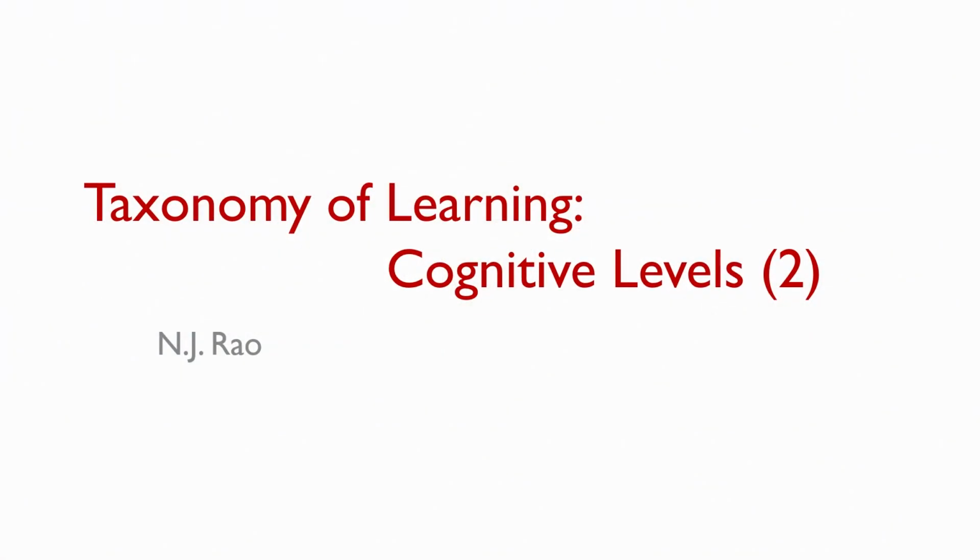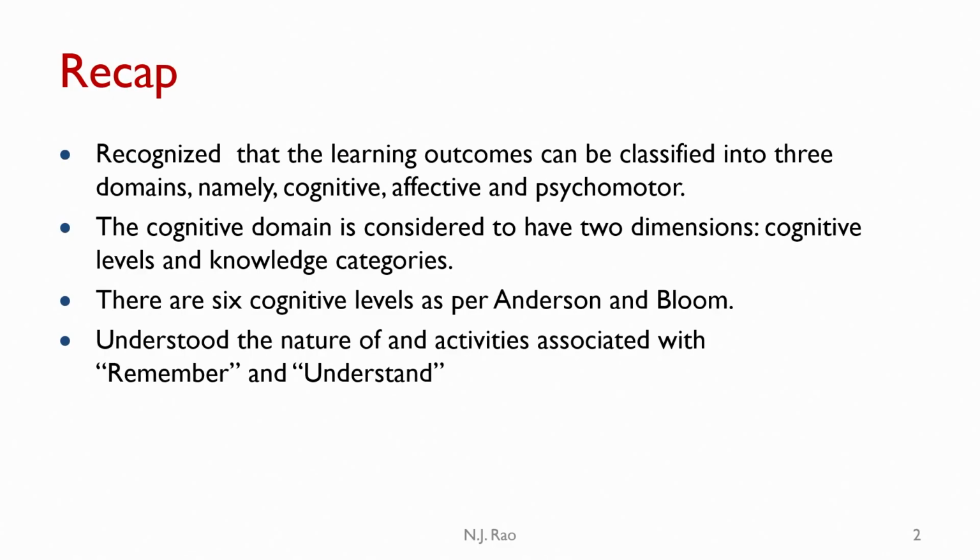Today we deal with some more cognitive levels after the earlier cognitive levels we looked at. We recognized that the learning outcomes can be classified into three domains, namely cognitive, affective and psychomotor. The cognitive domain is considered to have again two dimensions, cognitive levels and knowledge categories.